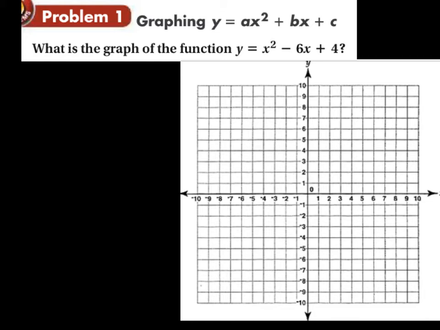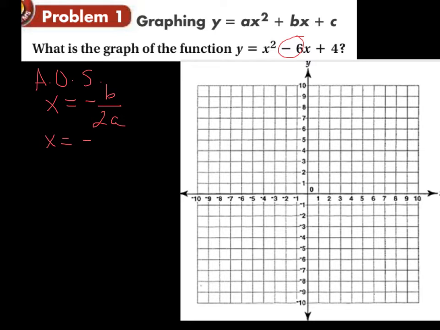So if we look at this first example, we want to graph the function y equals x squared minus 6x plus 4. The first thing we're going to figure out is where the axis of symmetry is, using the form x equals opposite of b over 2a. Here is our b value, the coefficient on the linear term, the x term.